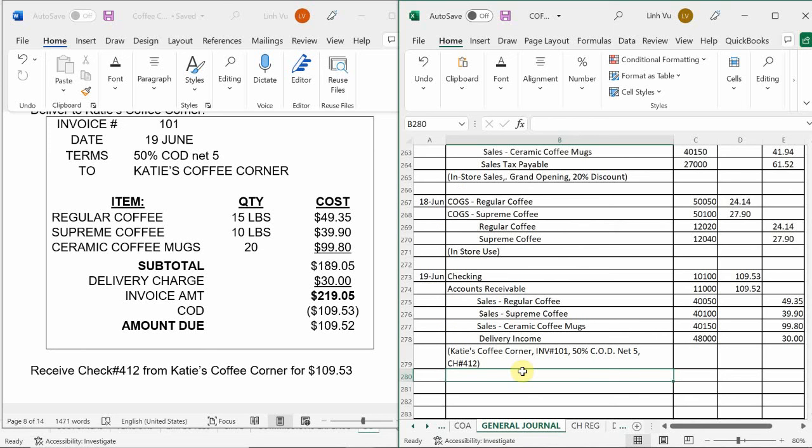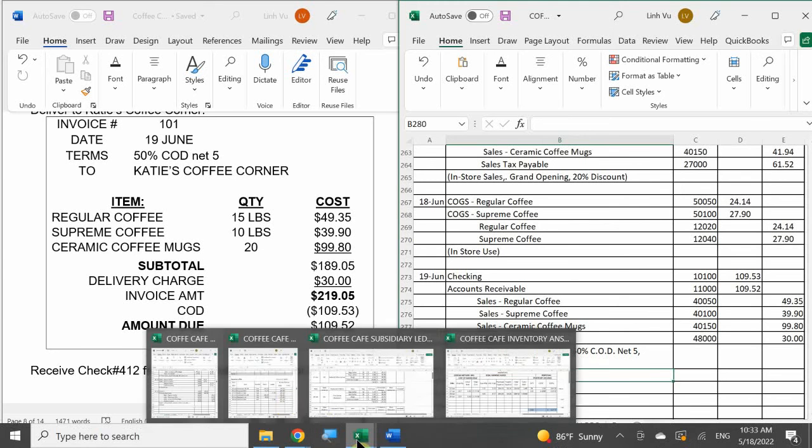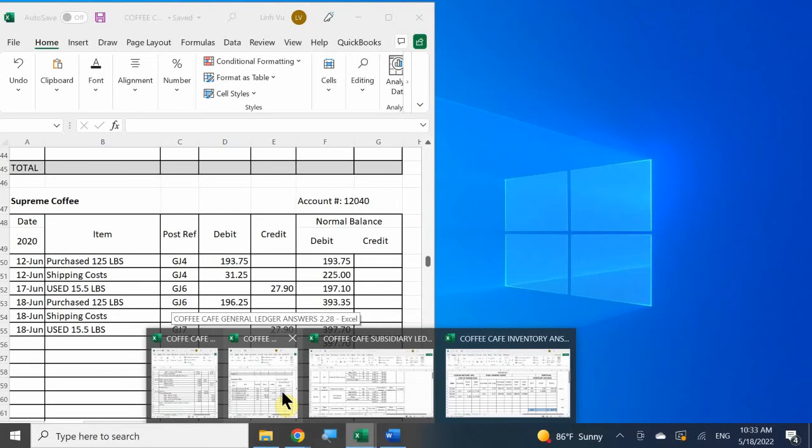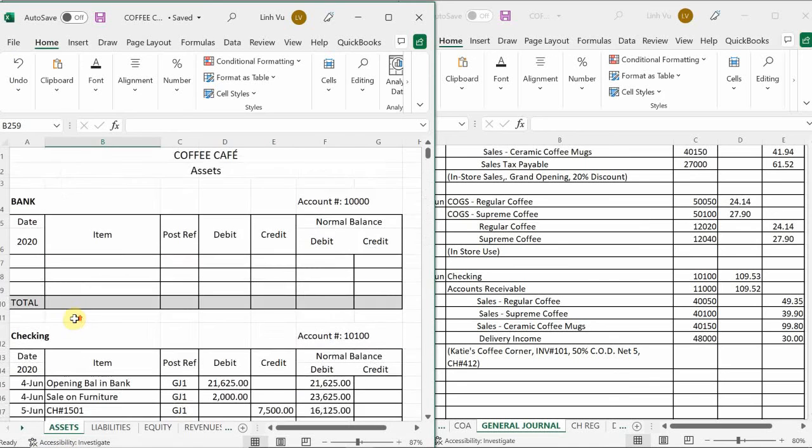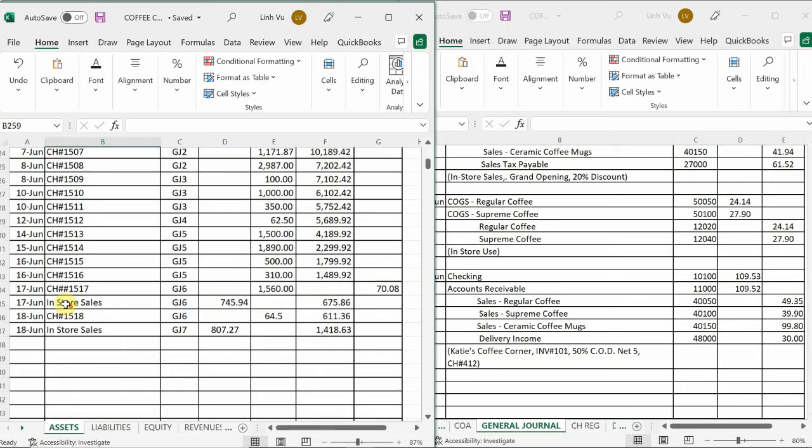So what's next? What comes after the journal? Ledger. We need to update our ledger accounts because we just received money. We have an account balance that is being owed, and we also have to record our sales. So, assets, starting from the very first one, we got a checking. Okay.